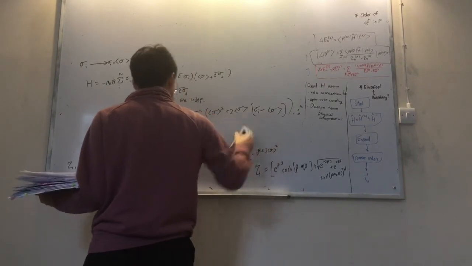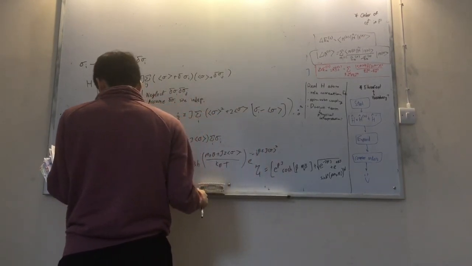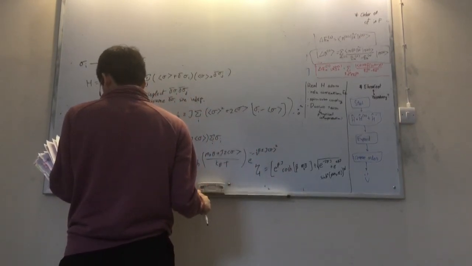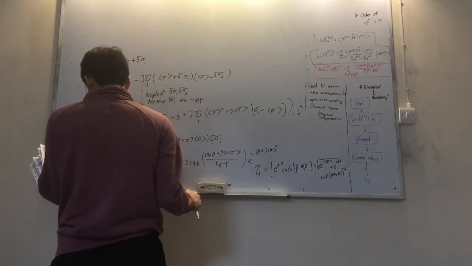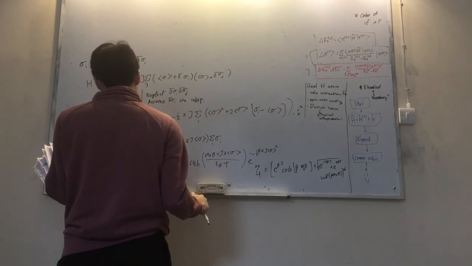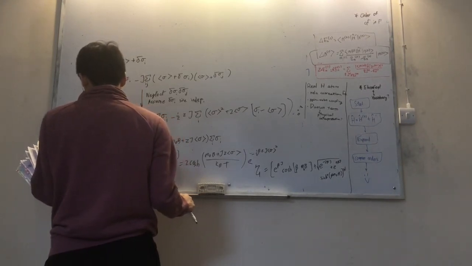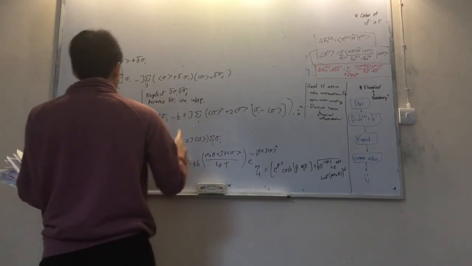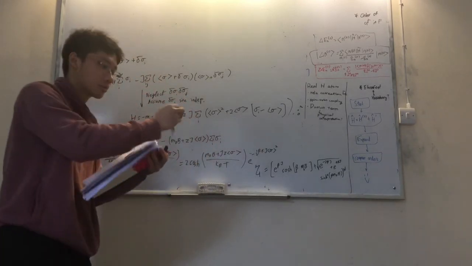I need to check this again. I'll be back in a minute. No, H effective is from mean field. I'll use the total.